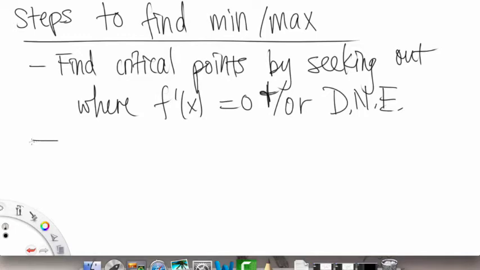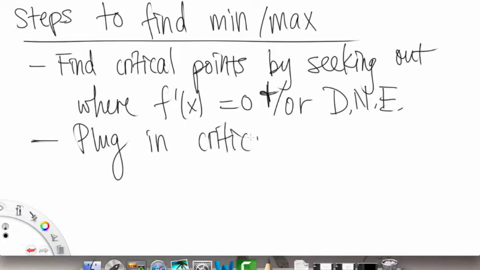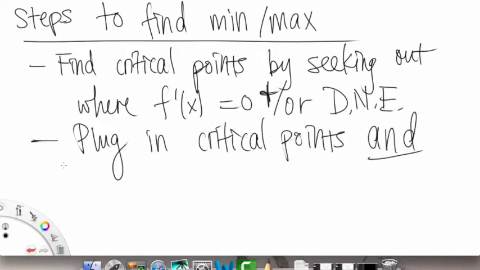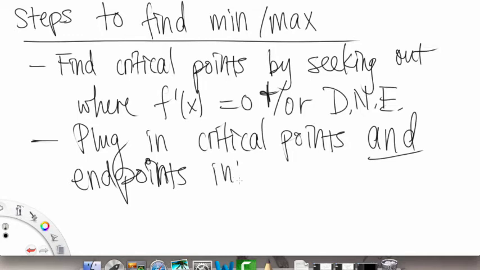After we do that, we're going to plug in the critical x values, and this is the important part, and the endpoints. Don't forget about those, because we could have maxes or mins at the endpoints. We plug those into our original function, f of x.